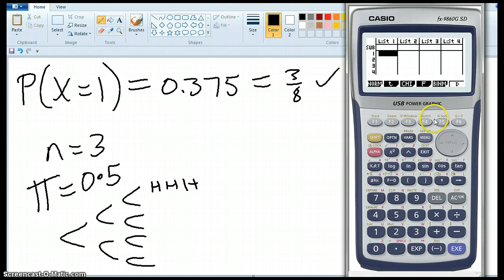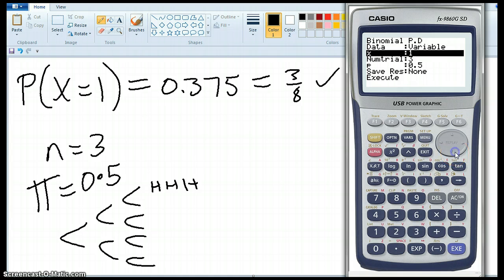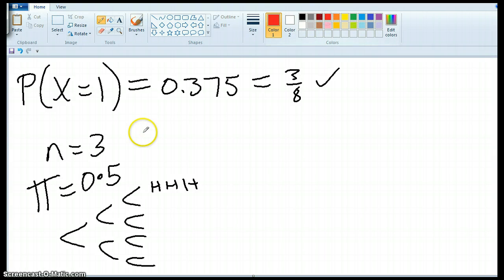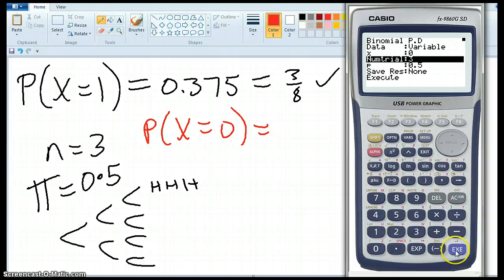If I want the x to be 0, what's the answer going to be? The probability that x equals 0 means no heads. What was the probability? 1/8, yeah. So if I go execute, I get my 1/8.